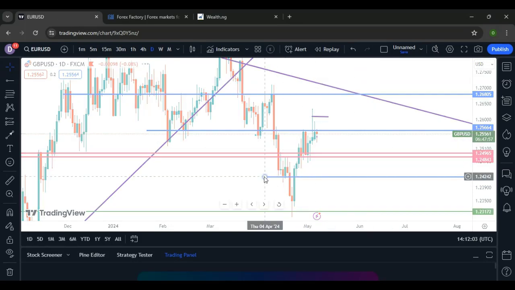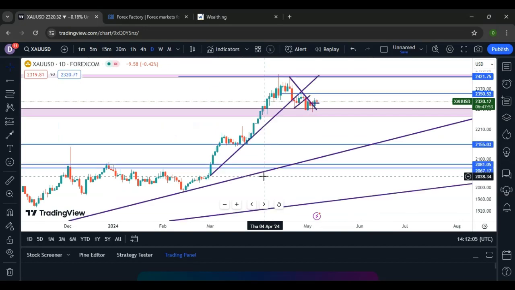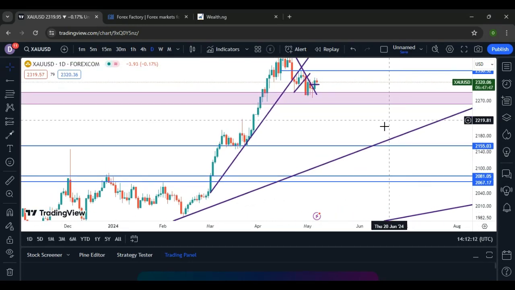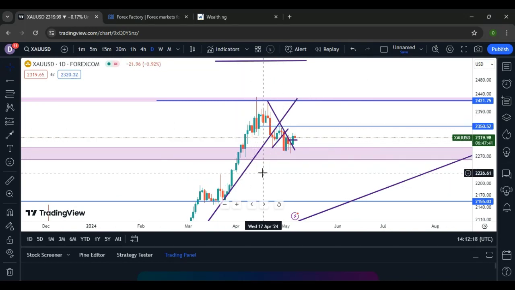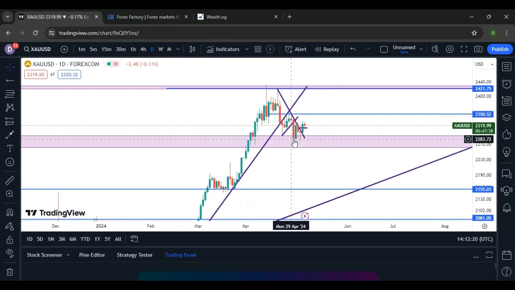Let me take you back to my gold that I love trading all the time. This is what gold is saying. Remember, over time we have said that we are expecting a major pullback to this area, and the market has been testing this whole area for about how many weeks now?